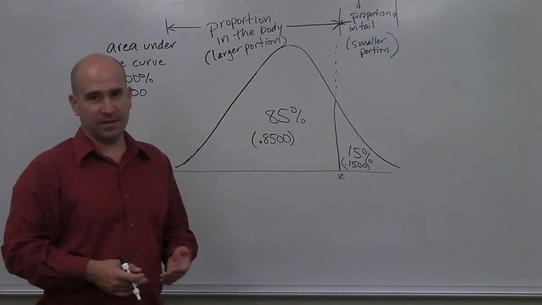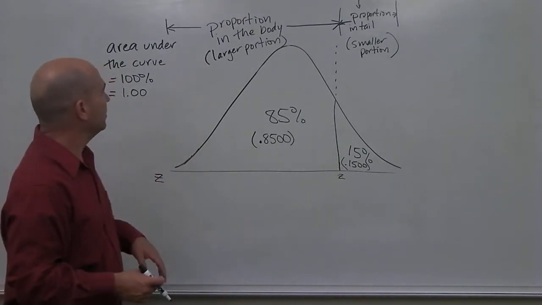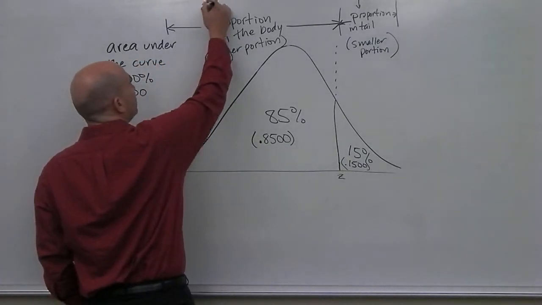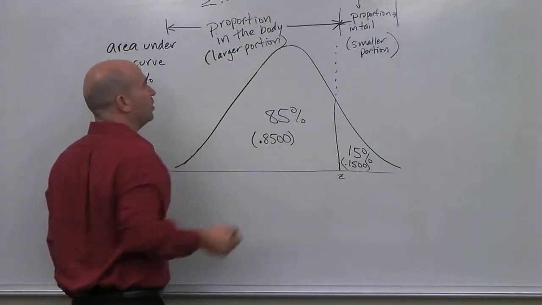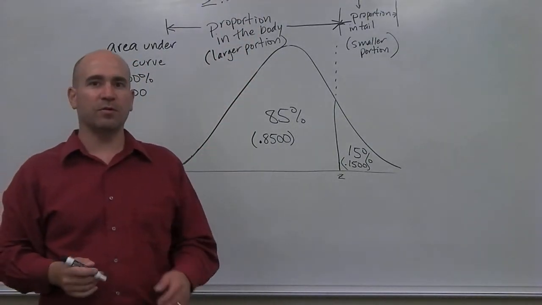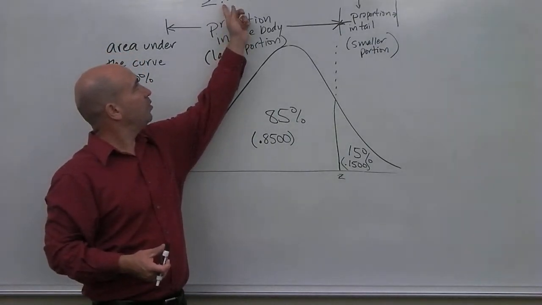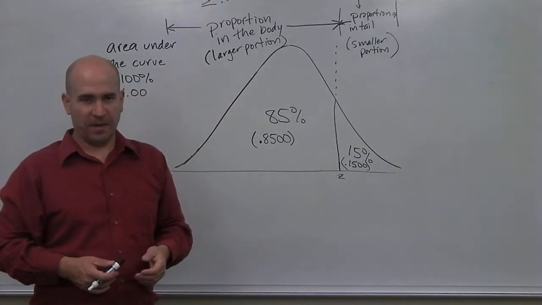Often it's much less than half, but technically it could be equal to half, to 1/2. Now the proportion of the body is always greater than or equal to 50%, or 0.5000. Technically, it could be equal to 0.5000, but usually it's greater than that.